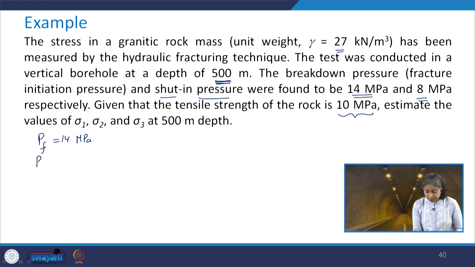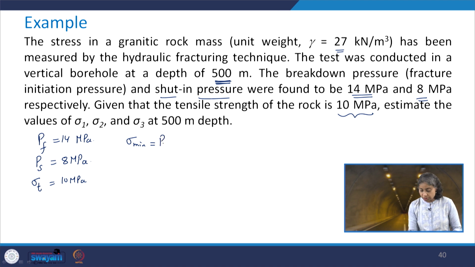So, we have PS equal to 8 MPa. And the tensile strength of the rock is 10 MPa. So, sigma T is 10 MPa. So, basically as I explained just now, this sigma minimum is going to be equal to PS, which is equal to 8 MPa.